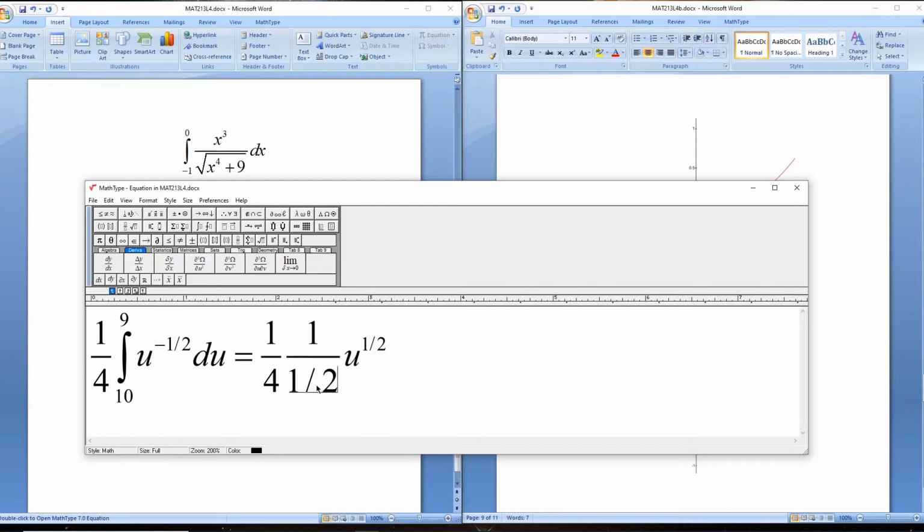And then division by 1/2 is the reciprocal, so we can take that as a 2. And then finally, 2 times 1/4 would get us 1/2. And that's our antiderivative. And now we'll stick the bar on it to indicate that we have not done the fundamental theorem of calculus.